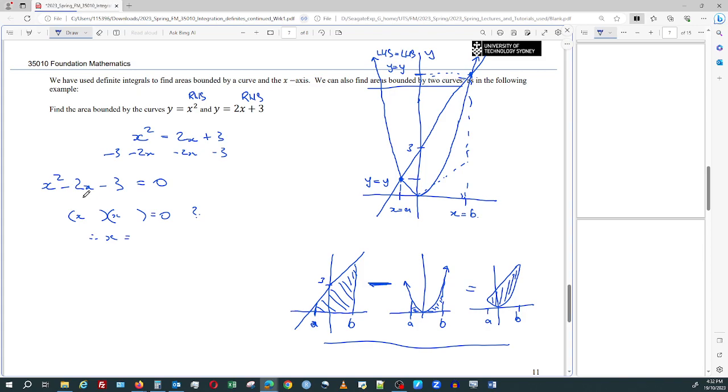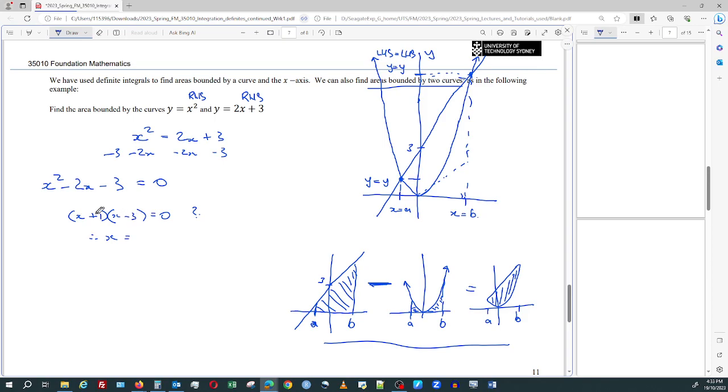I can think about those values in terms of the shortcuts. What are the roots of minus 3? It's more likely to be 3 and 1, but we need a plus or minus. So maybe we have a negative 3 and a plus 1. I'm guessing based on roots and my knowledge of quadratics. Okay, plus 1, negative 3.